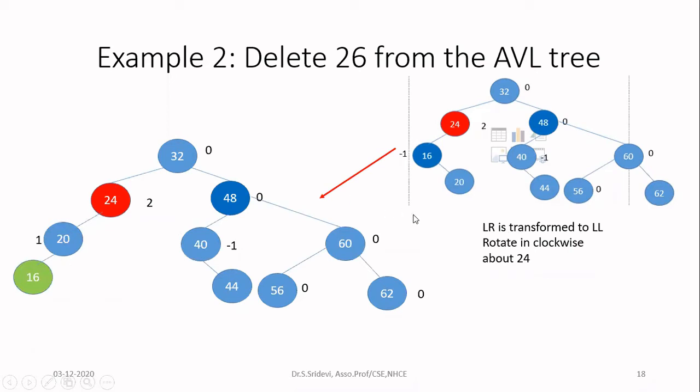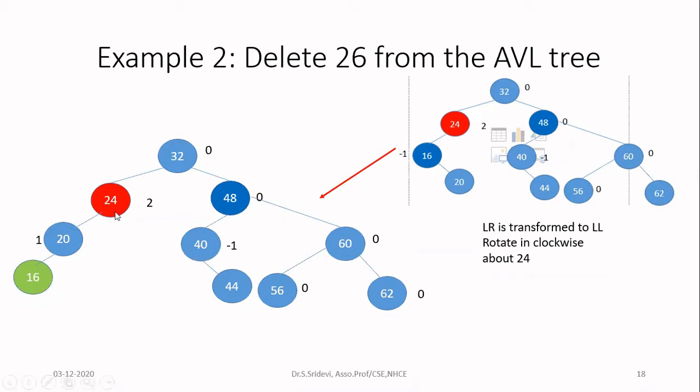So next, we have to perform the second rotation. For performing the second rotation, you have to consider how it is done in the LL imbalance. So if it is LL imbalance, since the letters are same, you will perform rotation 1 time in the opposite direction. Opposite direction is nothing but clockwise direction. So about which node? About the top node, that is 24.